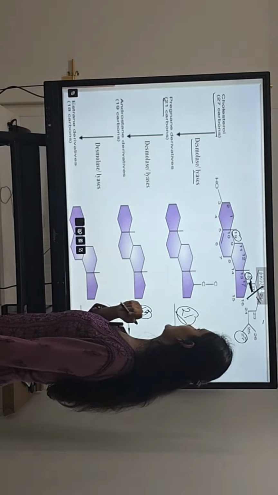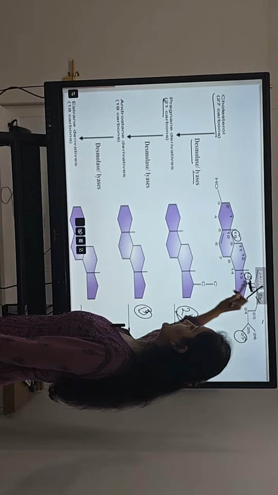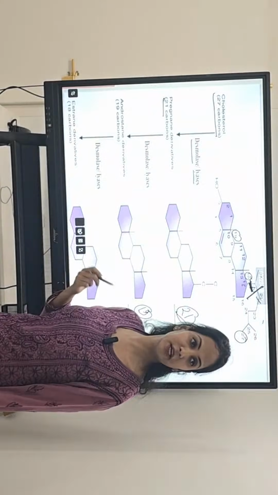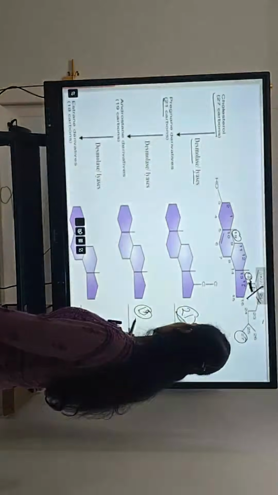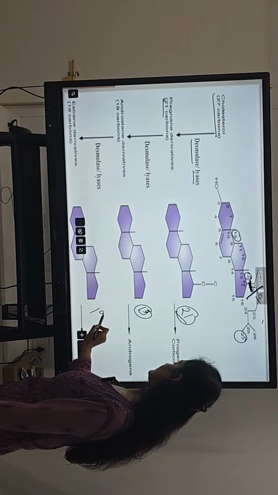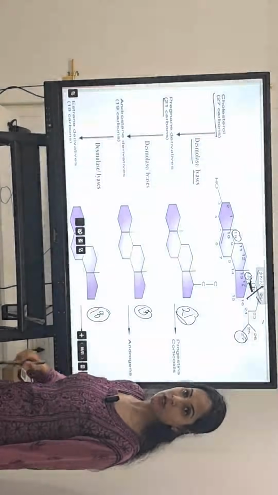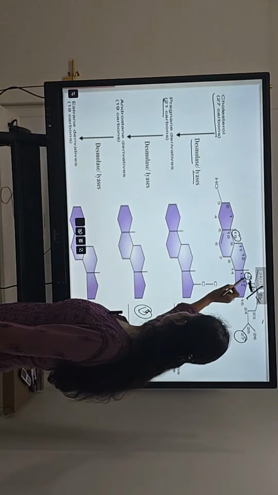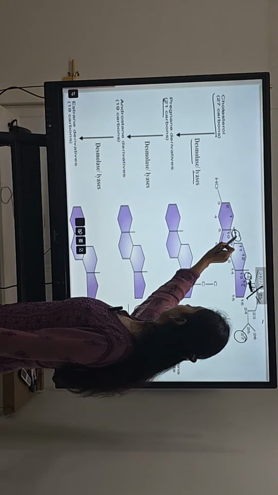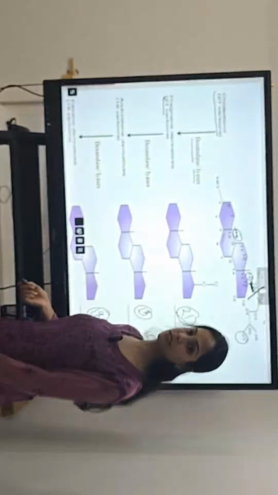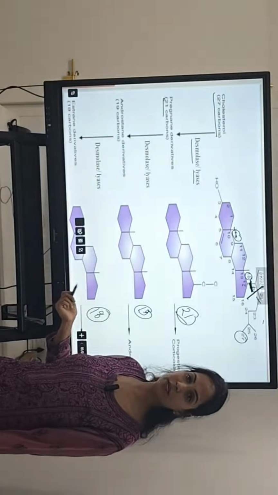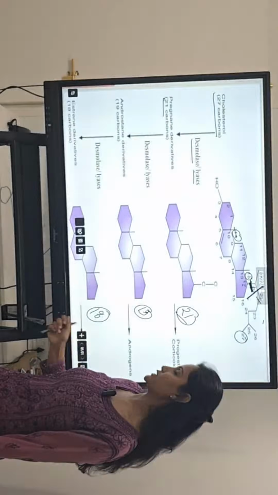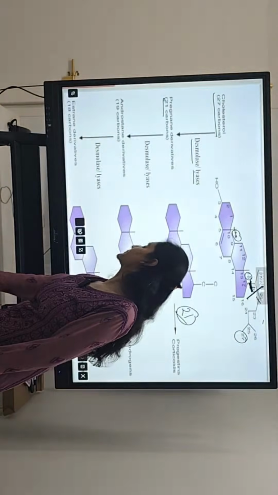Now we will call this enzyme 17-20 desmolase or 17-20 lyase. Now we have to make an 18 carbon compound. So again we have to remove one carbon. So now we will remove this carbon here. And again we'll use one enzyme. This enzyme will be desmolase or lyase. Now we will call it 19 desmolase or 19 lyase.